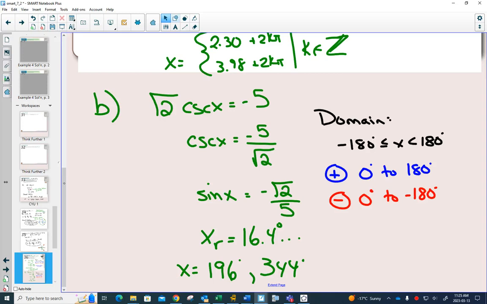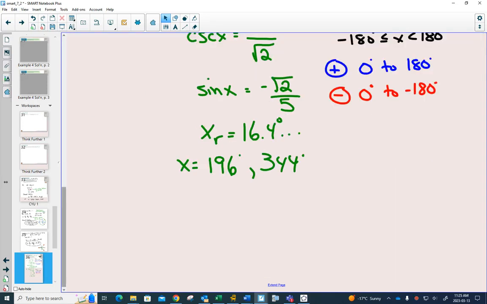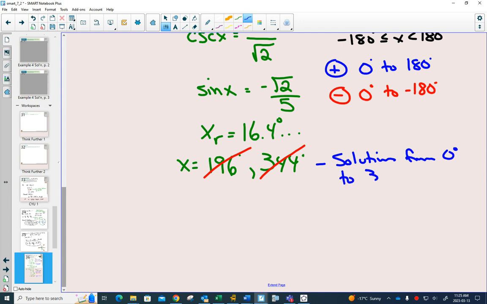And so looking at my solutions, they are not in the domain. Maybe I'll make a note off to the side. These were the solutions from 0 degrees to 360 degrees.